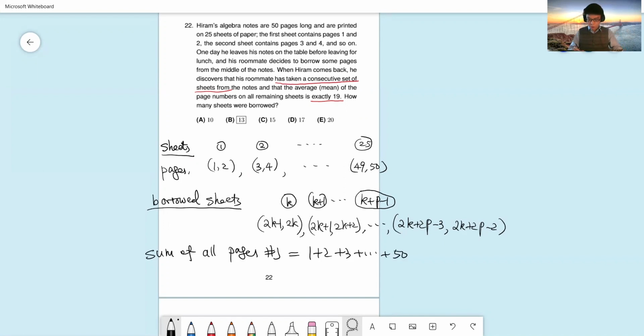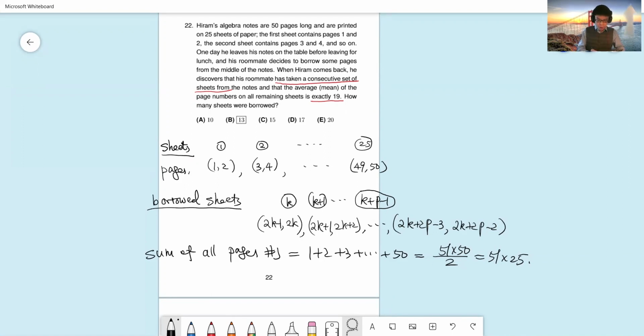That's the sum of the total numbers. This equals 51 times 50 divided by 2, which is 51 times 25. Next, we calculate the sum in a different way, because we divide those into two parts, the borrowed one and the unborrowed one, the remaining part.